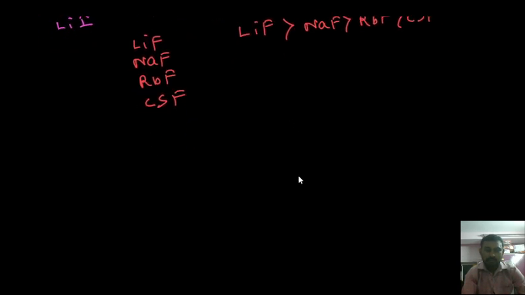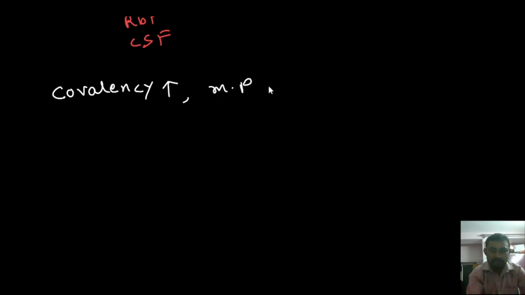Another thing is that if the covalency increases, the melting point and boiling point of the salts or compounds decrease. We know that no bond is purely covalent or purely ionic.